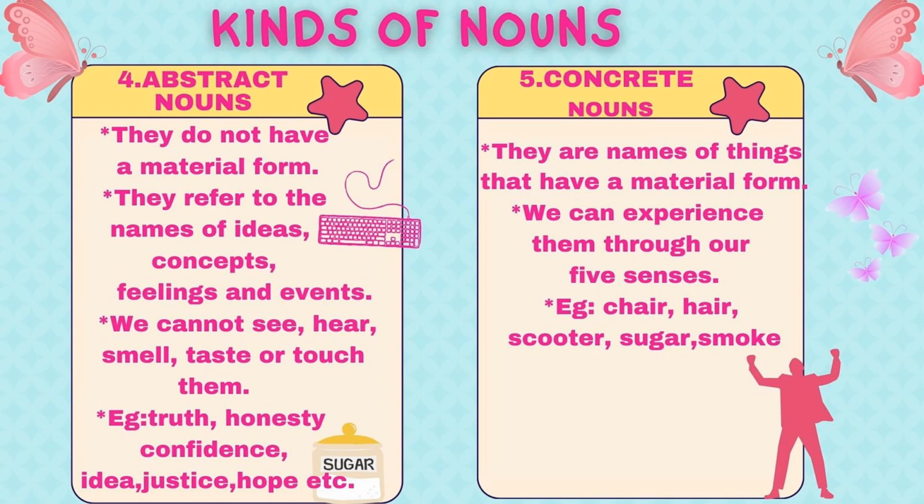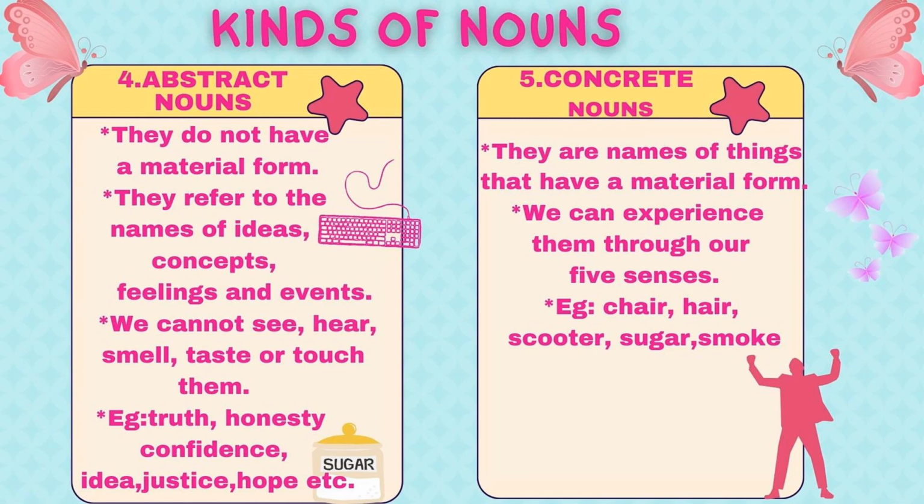Now let's see the concrete noun. If you have understood abstract nouns well, then it is quite easier for you to understand concrete nouns. They are names of things that have a material form. We can experience them through our five senses. Example: chair, hair, scooter, sugar, smoke.